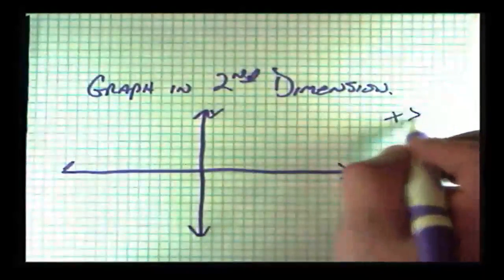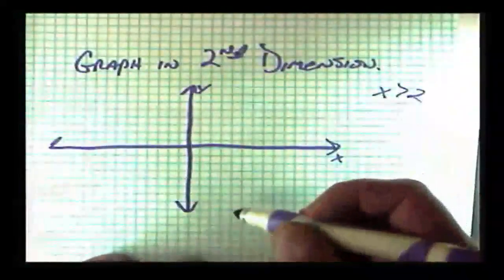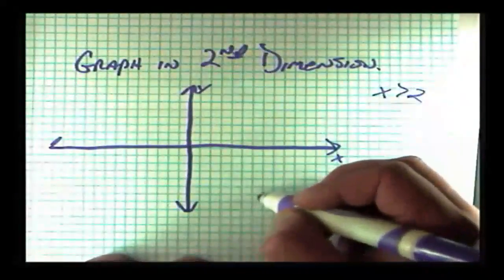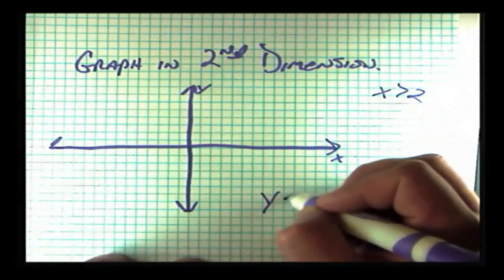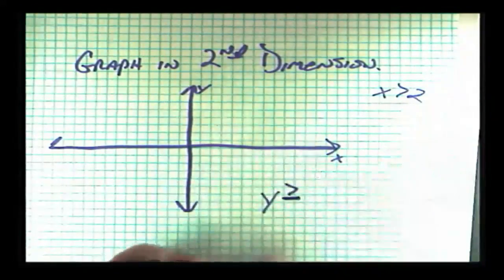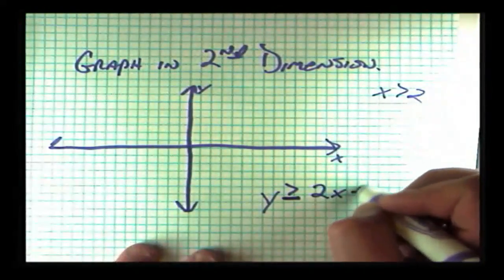Before, we had equations like x is greater than 2, but now we're going to have equations in the form of, say, y is greater than or equal to 2x plus 3.